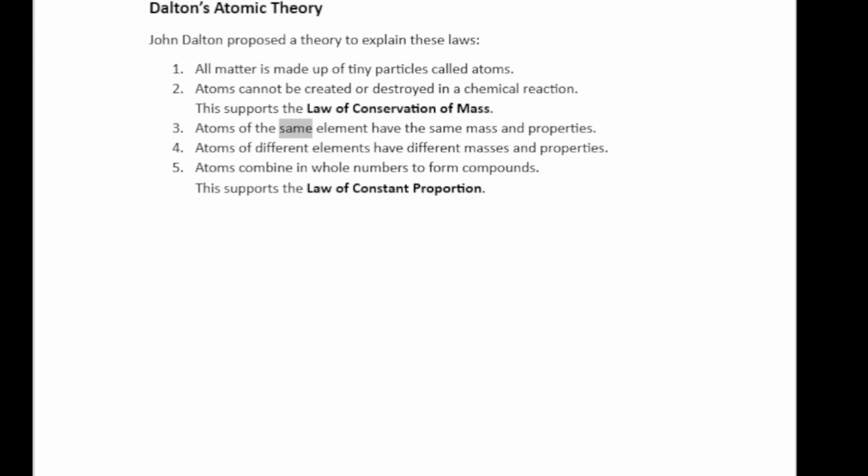Atoms of the same element have the same mass and properties. Atoms of different elements have different masses and properties. Atoms combine in whole numbers to form compounds. This supports the law of constant proportion.